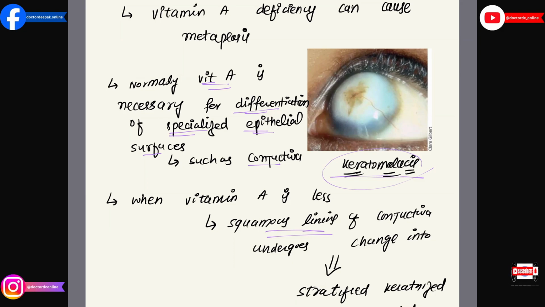The squamous lining of the conjunctiva will not undergo differentiation. So this is an example of metaplasia. They can ask you about keratomalacia, whether it is an example of hypertrophy, atrophy, or hyperplasia. You just have to keep in mind it is an example of metaplasia. So that's all about metaplasia.